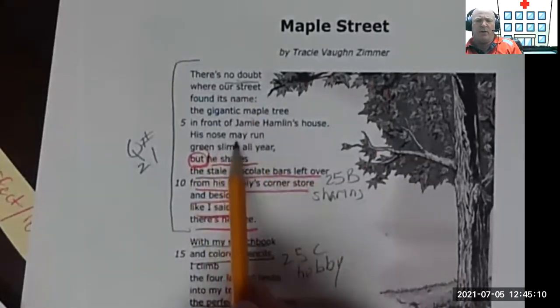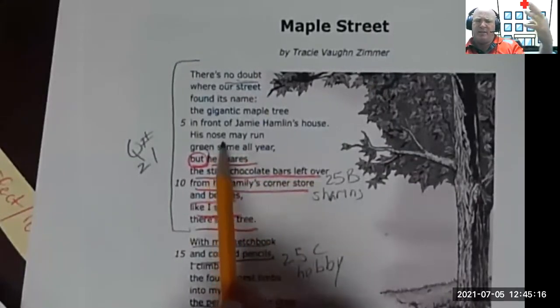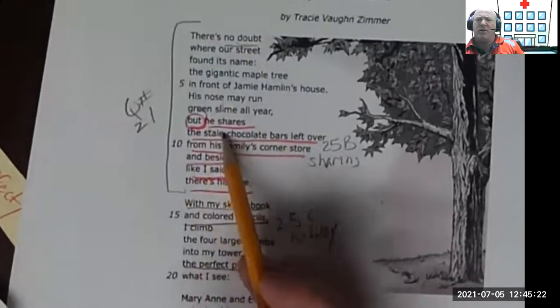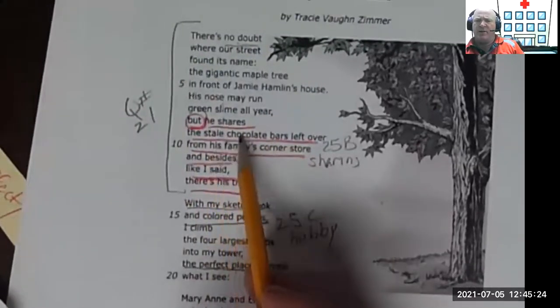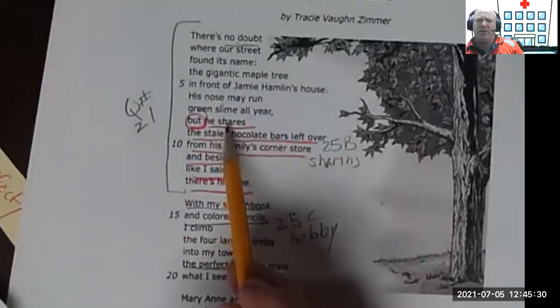His nose may run green all the time, green slime all year. Negative thing that she sees, negative. But, compare and contrast, he shares the stale chocolate bars left over from his family corner store. If someone's sharing, you like that about that person.